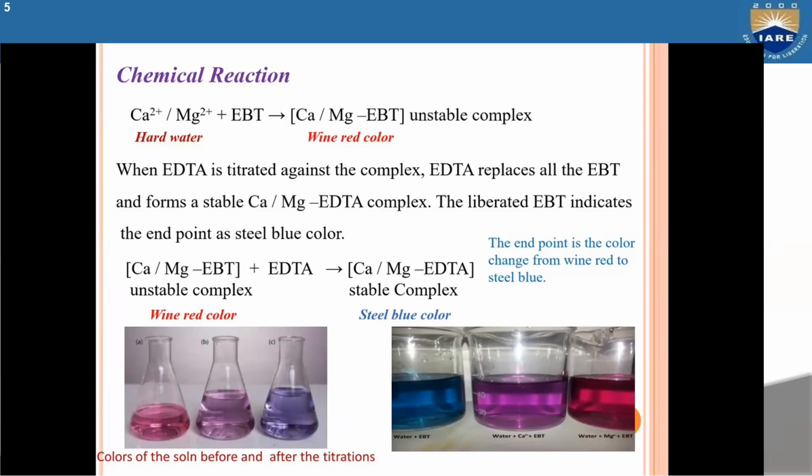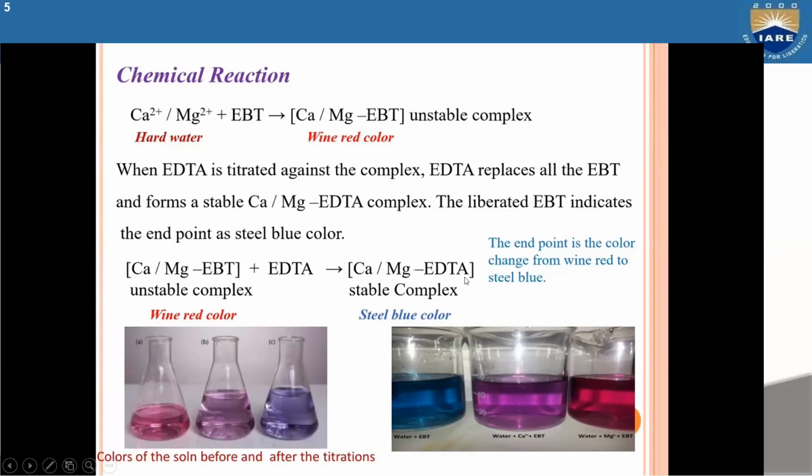The liberated EBT indicates the end point as steel blue color.